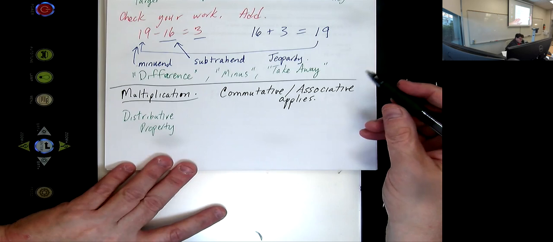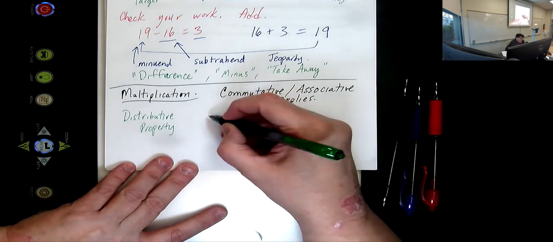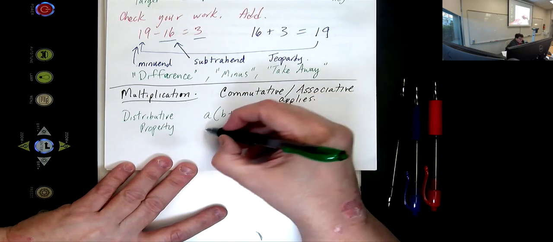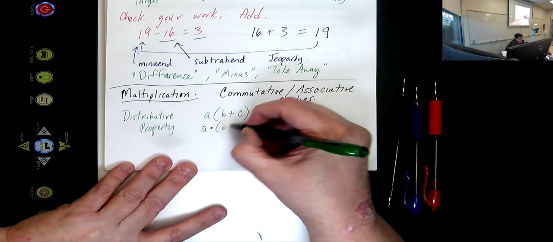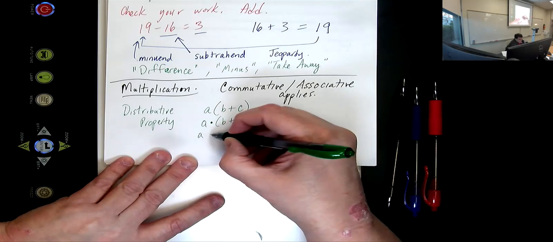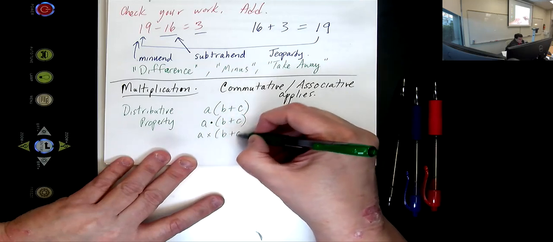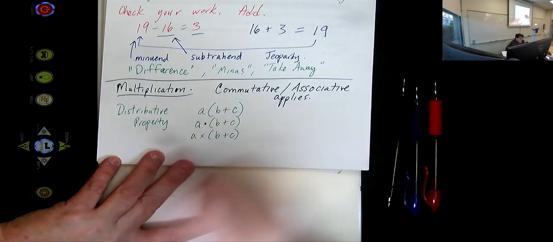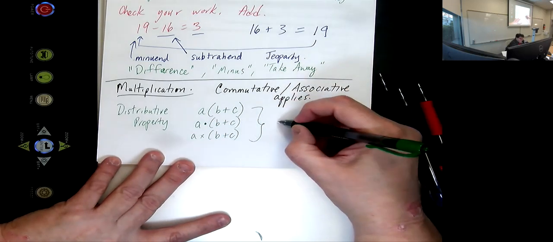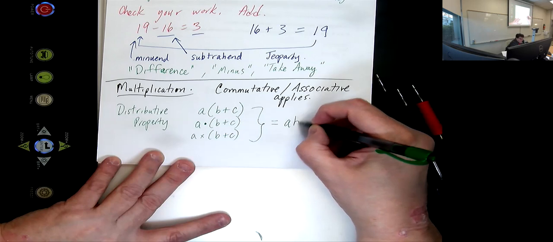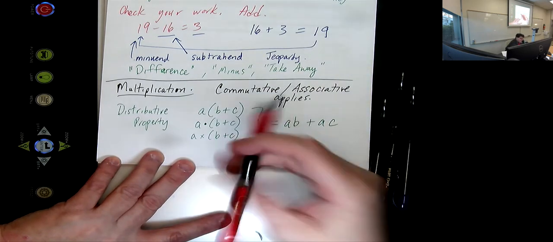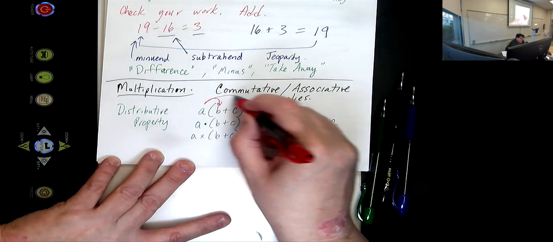If you've got A times B plus C, written a few ways, all of these are the same thing as A times B plus A times C. What we're doing is distributing it to everything inside the parentheses.